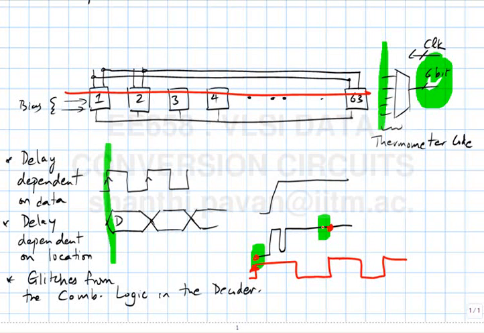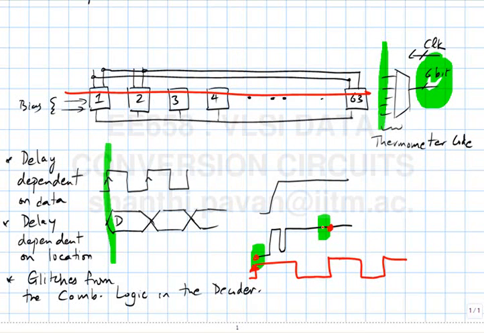And not only that, let's assume for the time being that this clock line delay is 0. That means the rising edge of the clock here versus the 63rd, let's assume that they all happen at the same time. It's not true in practice, but let's assume that's the case. In which case, what happens? The command to switch these current sources all happens at the same time because it is synchronized with the clock edge.